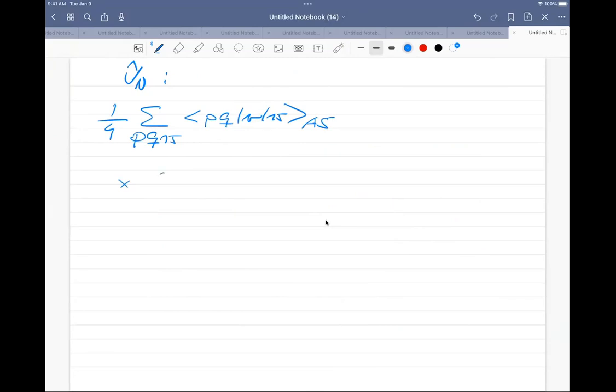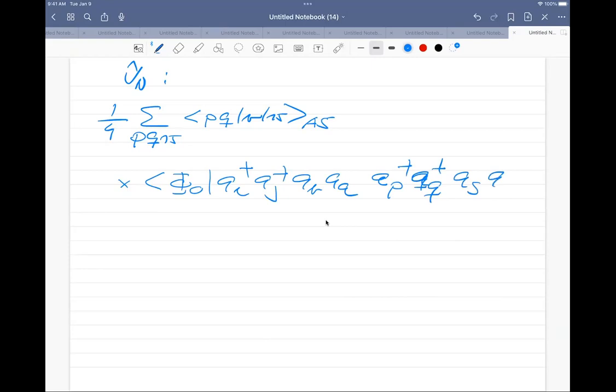And this is multiplied then with phi 0, the vacuum state. And then I have my two-particle, two-hole excitation. But now I have an operator here, a_P† a_Q† a_S a_R, acting on phi 0.